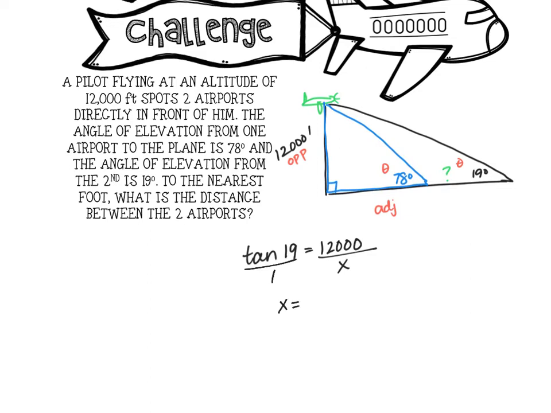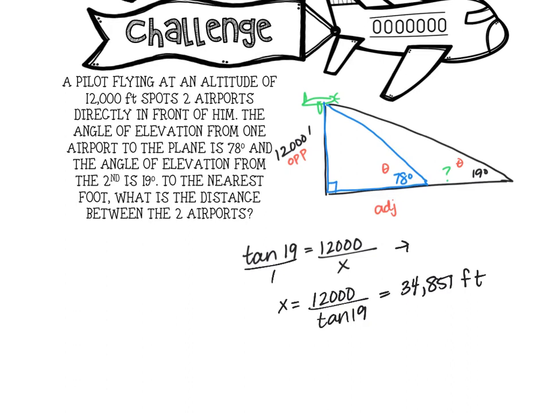So what I really did was X times tangent of 19 is equal to 12,000, and then divided both sides by tangent of 19. So X is going to be 12,000 feet divided by tangent of 19, and I get 34,851 feet. So that's the length of that full black one from here to here.